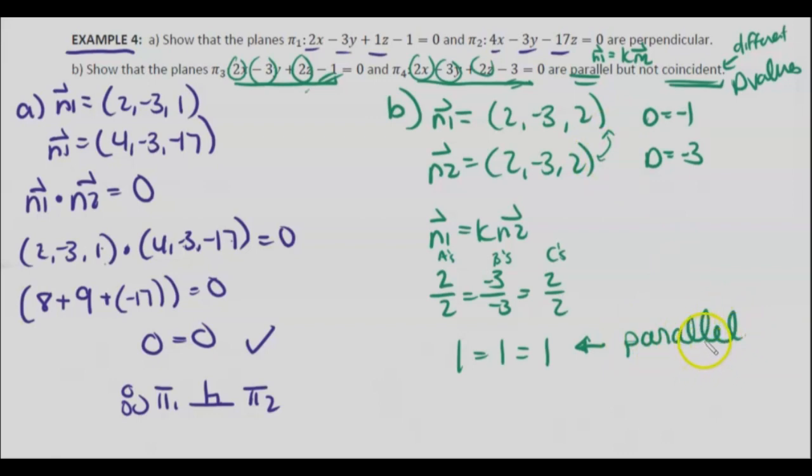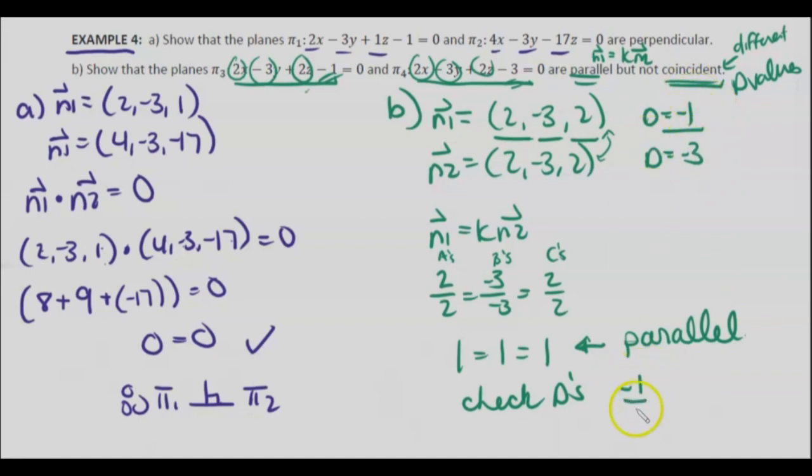Now, there's two different situations. There's parallel and coincident, where they lie on top of one another, or there's parallel and not coincident, or distinct. So what we have to do is check the d's. So let's stack them. We essentially divided these 3. Now we're going to divide these 2.